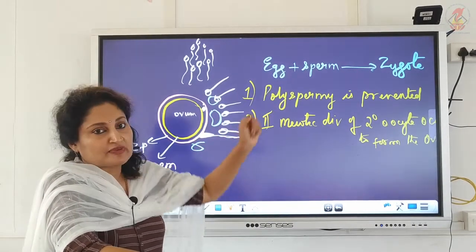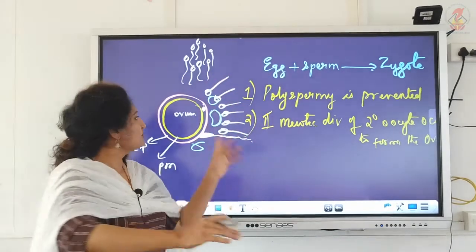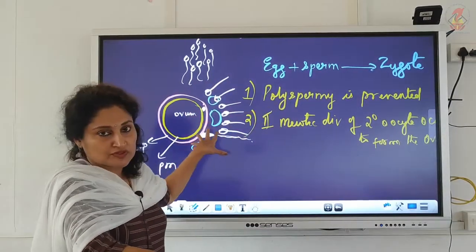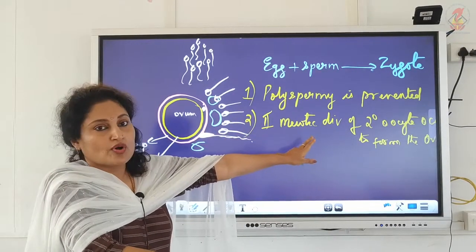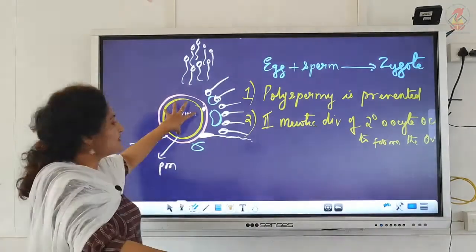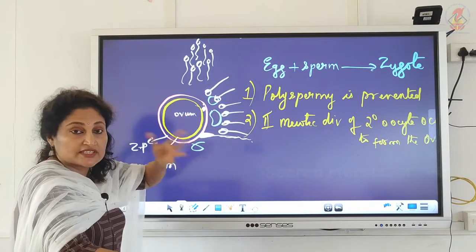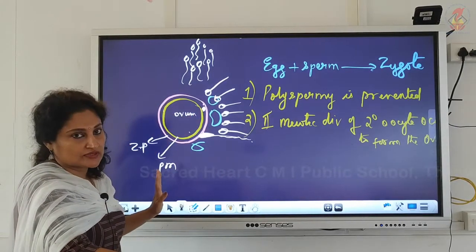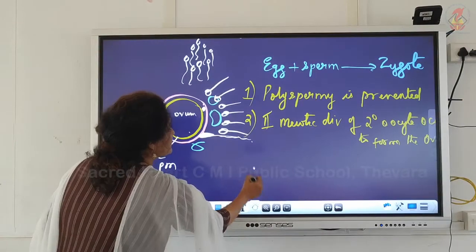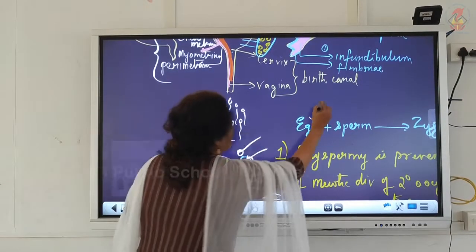One, polyspermy is prevented, that is, chemical signals are sent to the surface of the egg, preventing other sperms from entering, and second, the second meiotic division of the secondary oocyte takes place. Initially it was a secondary oocyte. When the sperm comes in contact, the second meiotic division takes place, and we get the ovum and the second polar body. And this occurs in the ampulla, the region where fertilization occurs.